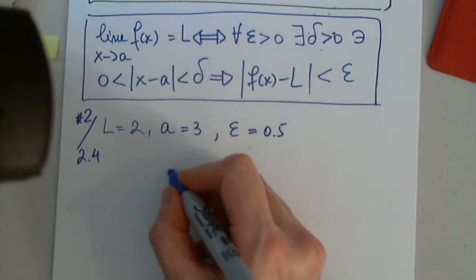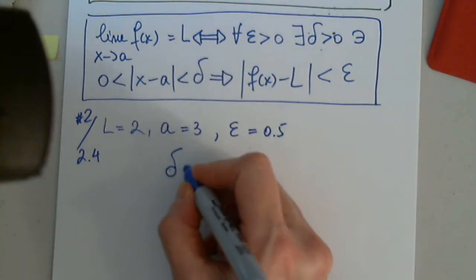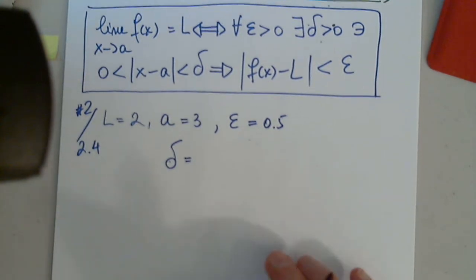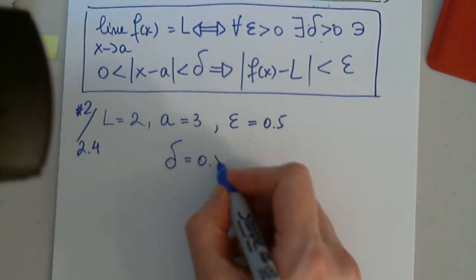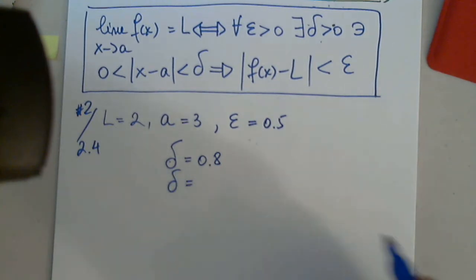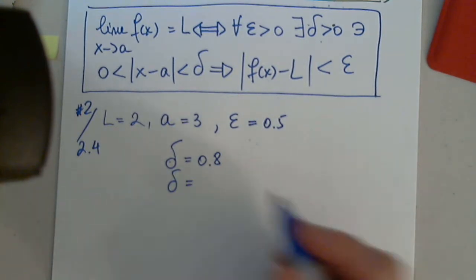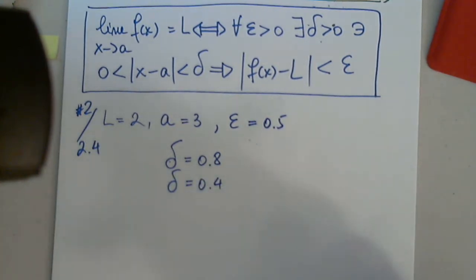Can anyone now give us the possibilities for delta? What are the options we have in this graph for delta? One option is 0.8. And what is the other option again? 0.4. Very good. The distance between 2.6 and 3 is 0.4, and the distance between 3 and 3.8 is 0.8.